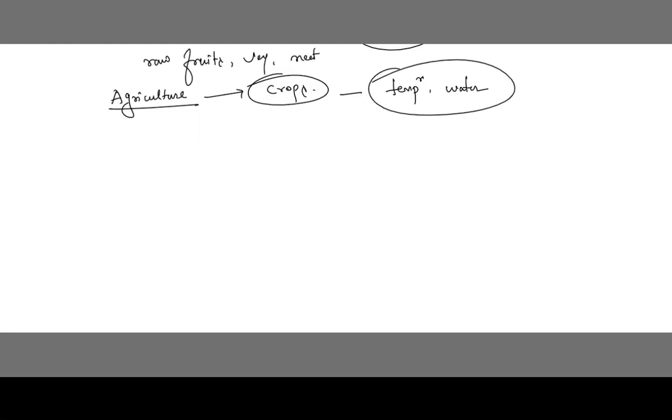It means the geographical conditions. Every crop has its own geographical condition. As per the climate and temperature, the crops can be cultivated and grown.